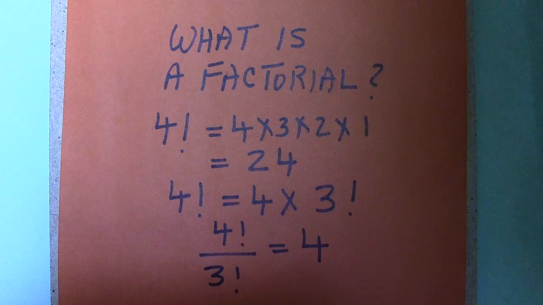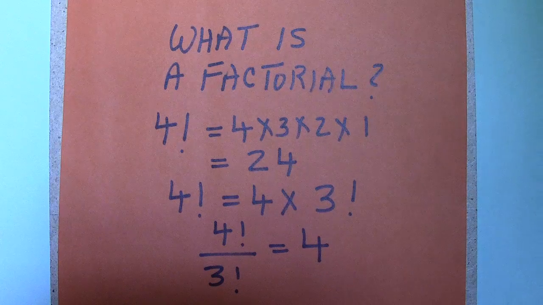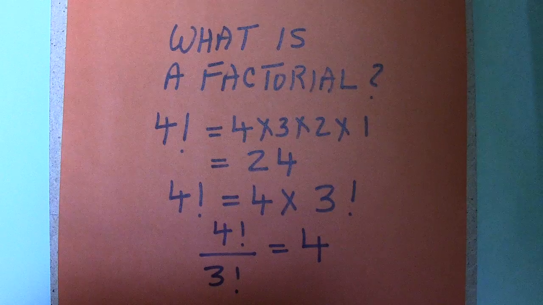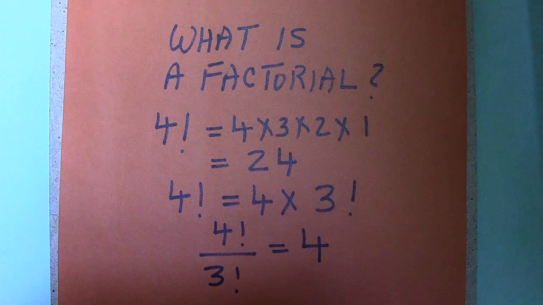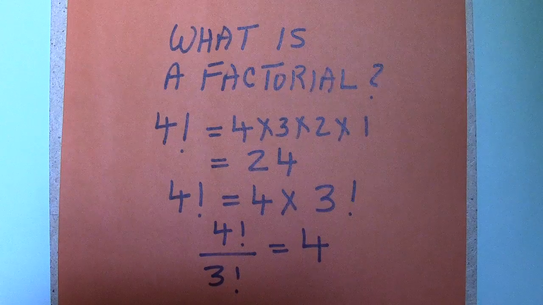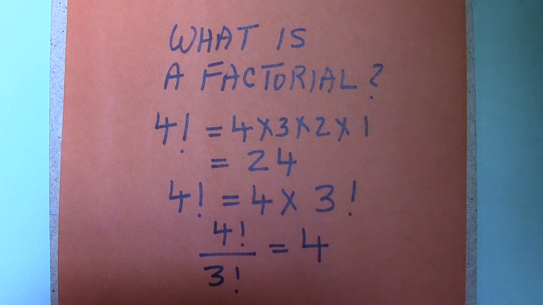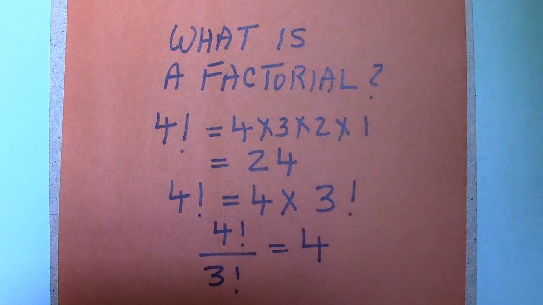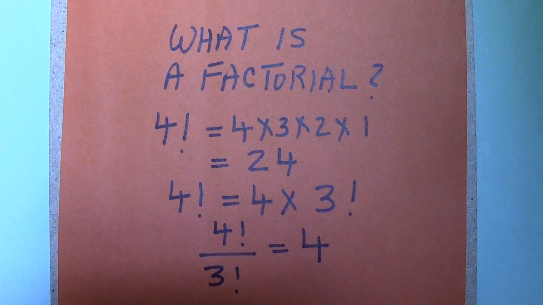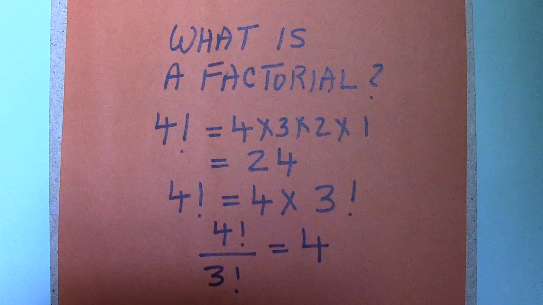Now how about factorial 0? The question is, in how many ways can you arrange 0 objects? Well, by convention, we define factorial 0 as 1 because the only way to arrange 0 objects is to leave everything else in place.